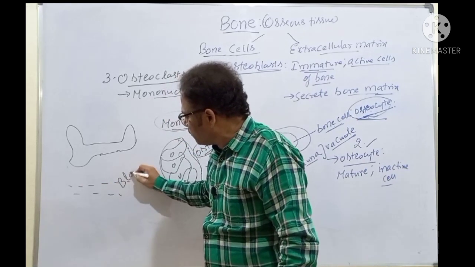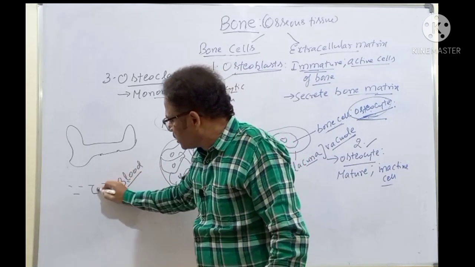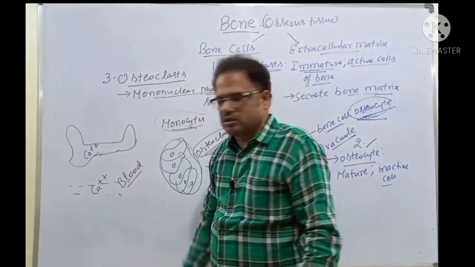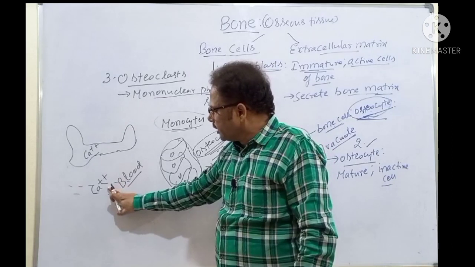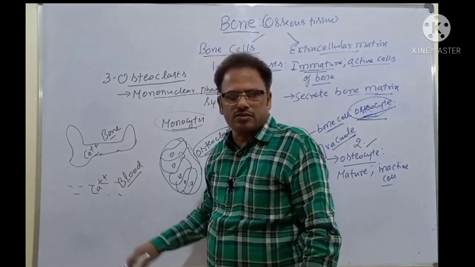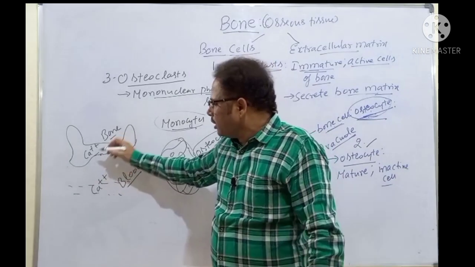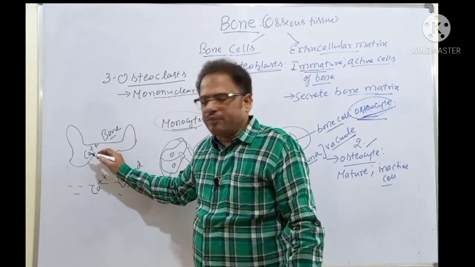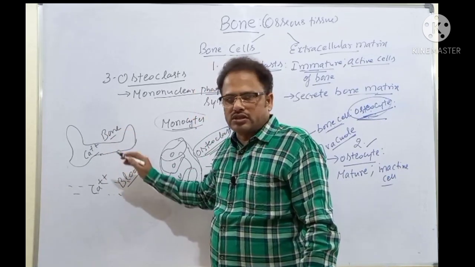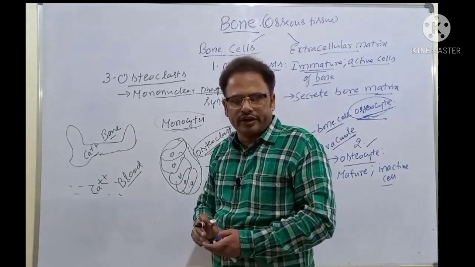This is a representation of the blood. The blood contains calcium ions. The bone also contains calcium ions, calcium salts. Isn't it? There should be a balance, an equilibrium, between the calcium levels of the bone and the blood. That's called calcium homeostasis, and it must be maintained.